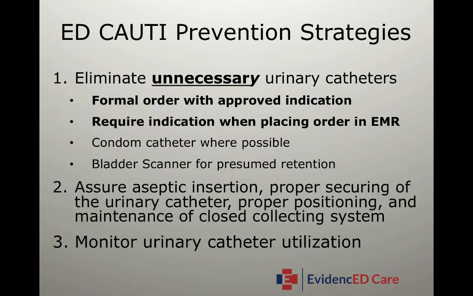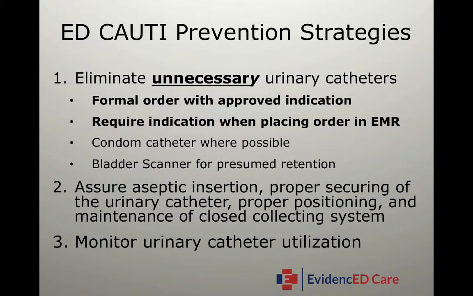There is a listing of appropriate indications for urinary catheters that has been put forth by the CDC, and so we're recommending that policies be put in place in which there be formal physician orders that have to list the appropriate indication prior to the insertion of the urinary catheter, and that this process be integrated into the electronic health record at that site. We'll talk more about that in just a moment. Other best practices include use of condom catheters and bladder scanners when possible.